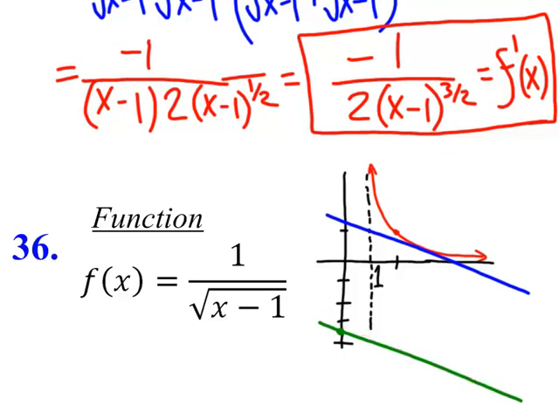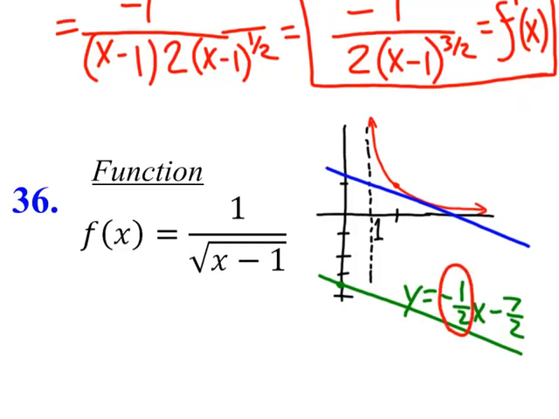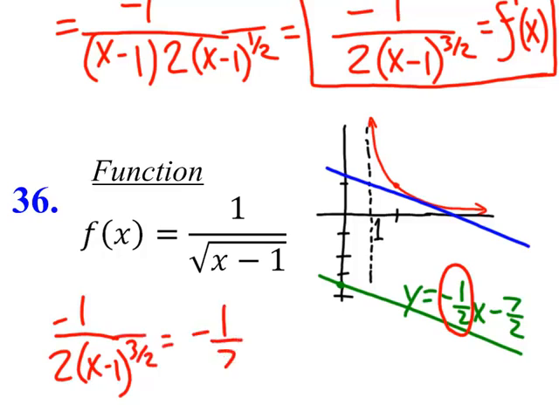Do you remember how the equation of that line in slope-intercept form was y equals negative 1/2 x minus 7/2? So we're going to set the derivative equal to that slope of negative 1/2. So let's do that. Let's set negative 1 over 2 times (x minus 1) to the 3/2 equal to negative 1/2. And let's proceed to solve algebraically.